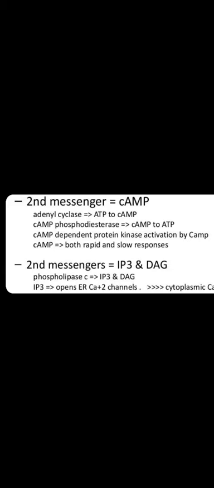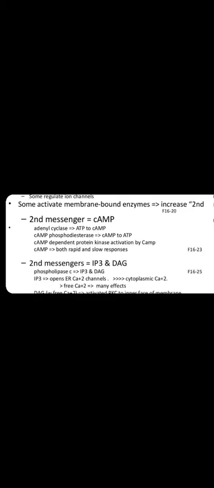Both lead to rapid and slow responses based on the signal modulation. For G protein coupled receptors, three main secondary messengers are there. One is cyclic AMP, the second is inositol triphosphate and diacyl glycerol, and the third is calcium. So IP3, DAG, and calcium are both controlled by G proteins, so it is called signal convergence.